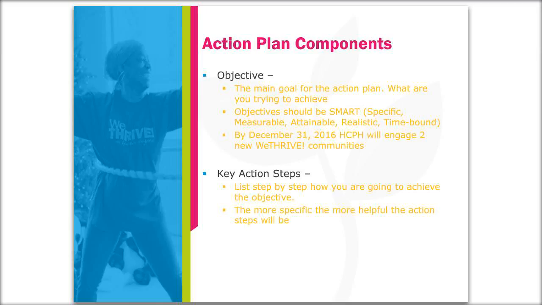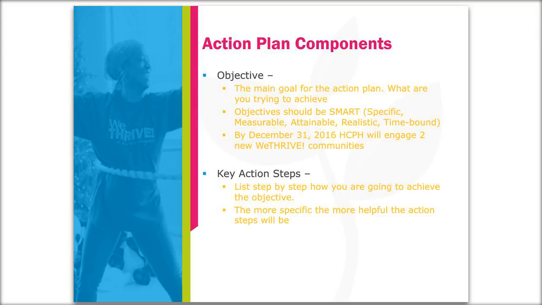So we might want to do some education. We're going to send flyers home to parents that explain the importance of walking to school. Maybe we need to look at the policies within the school district to make sure that they support students walking and bicycling to school. So that's a key action step.